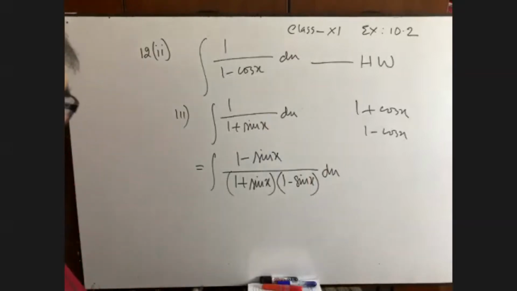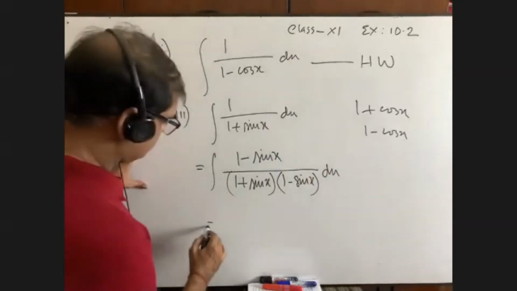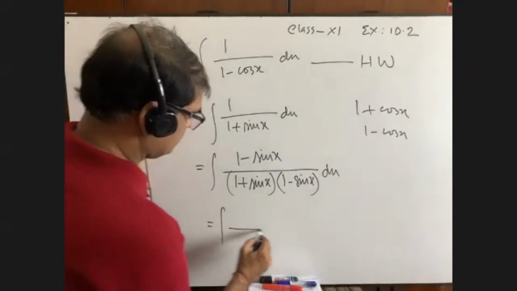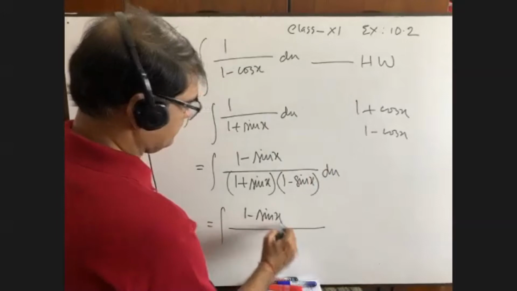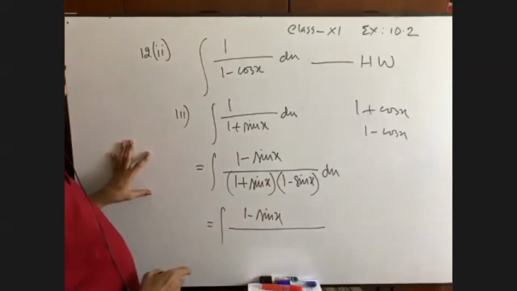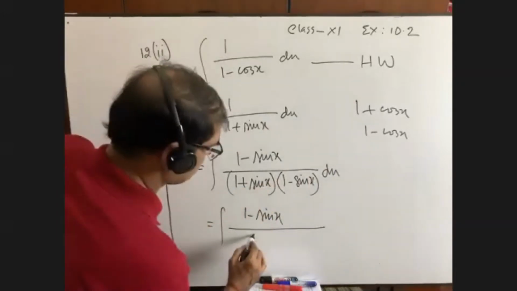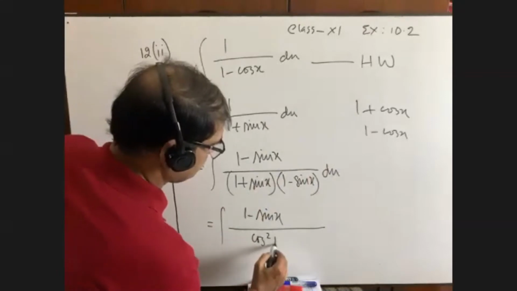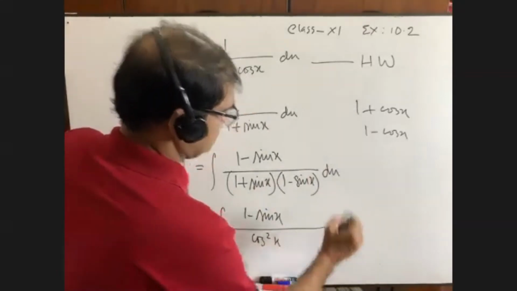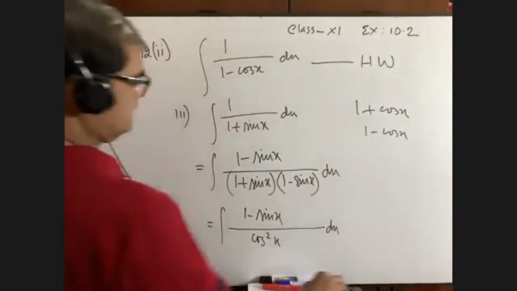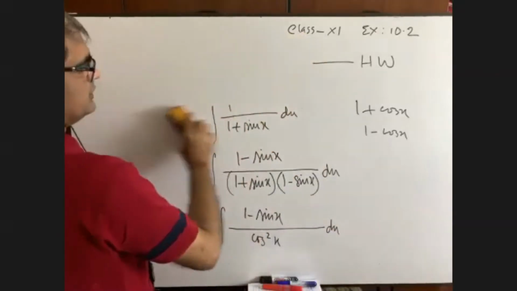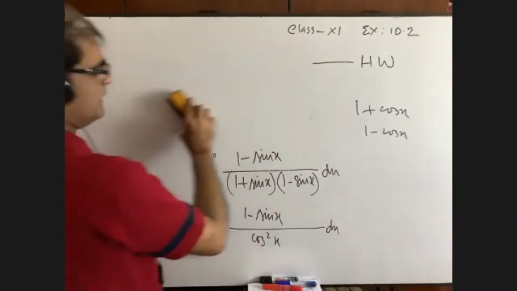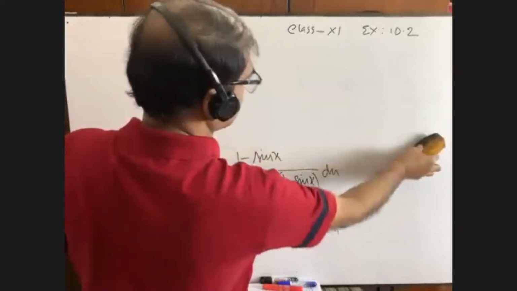Okay, that means integration of 1 minus sin x, and here it is 1 minus sin square x, that means cos square x, right? In the denominator, we will have the formula of a square minus b square, that is 1 minus sin square x.